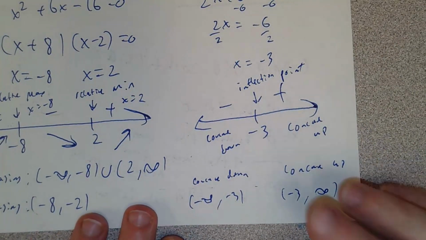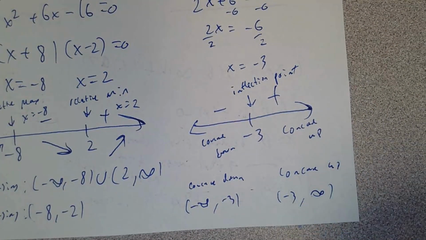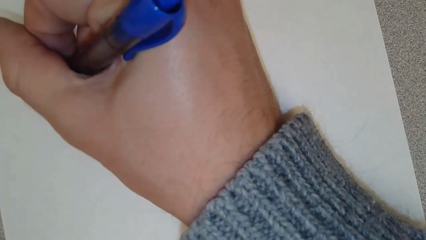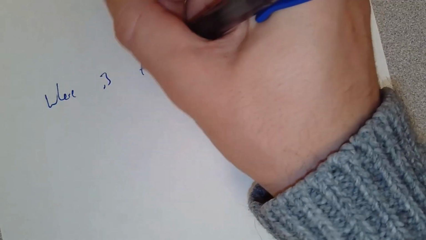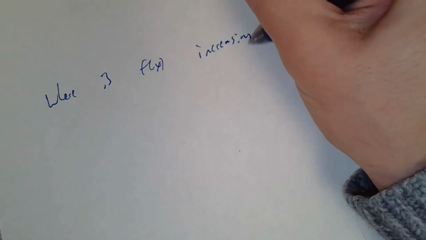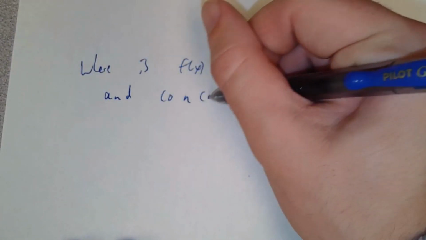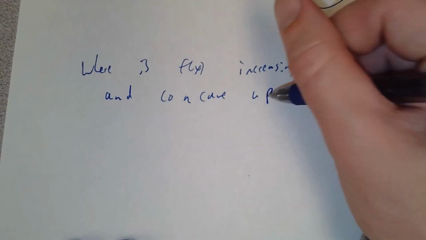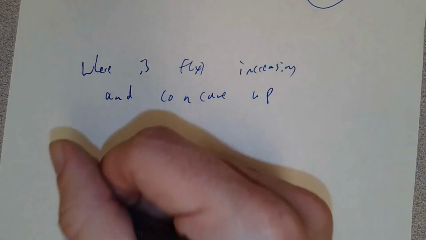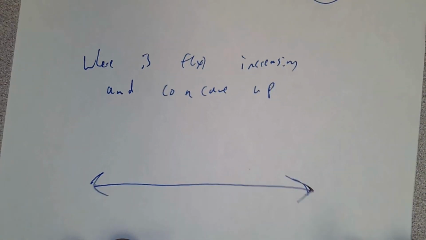One thing I also want to mention is you may get a question like, where is f of x increasing and concave up? What I think is really helpful for that is to put all the points on one number line so you can really easily identify it.